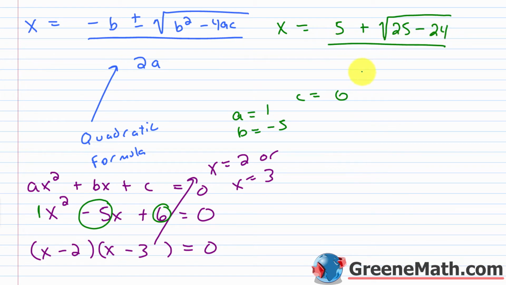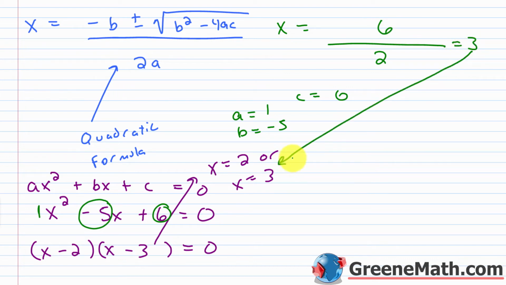Then this is all over 2 times a. A in this case is 1, so all over 2. So 25 minus 24 is 1. So you'd have the square root of 1, which is 1. So 5 plus 1 is 6. So you'd have 6 over 2, which equals 3, which is one of your solutions right there.